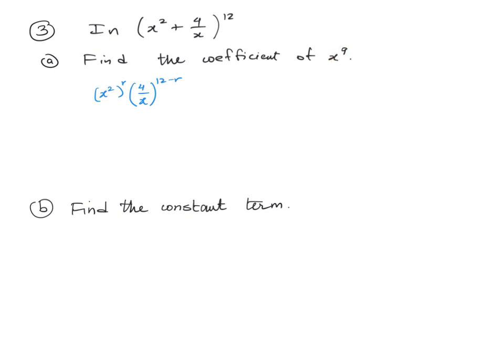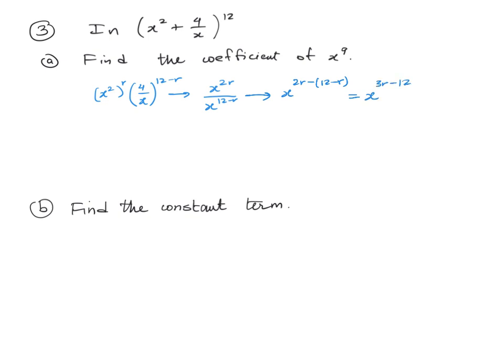So when I put this together, I'm going to get x to the 2r in the numerator coming from this, and then I'm going to have x to the 12 minus r coming from this expression. Now when I put these together, I need to subtract top minus bottom and get x to the 2r minus, and then 12 minus r, which of course turns into x to the 3r minus 12.